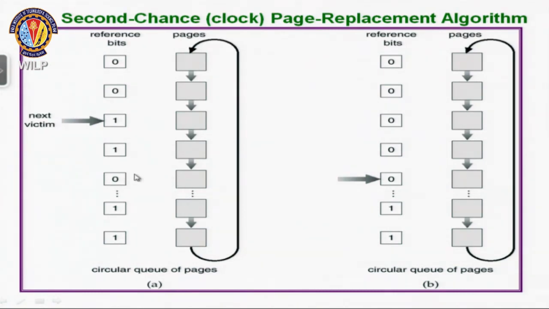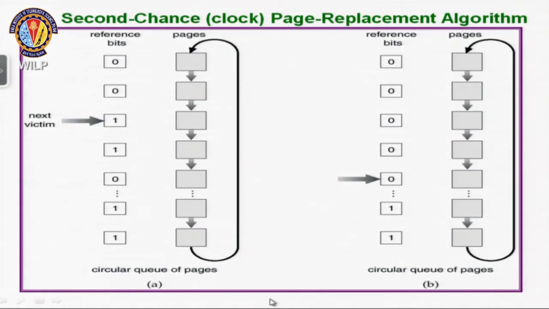Let us say that when we select a particular frame for the purpose of a replacement, there is a likelihood that this frame is a dirty frame, and it would require a swap out before swapping in. So for that reason, what is proposed in the second chance algorithm is that in addition to a reference bit, we also use a modify bit.